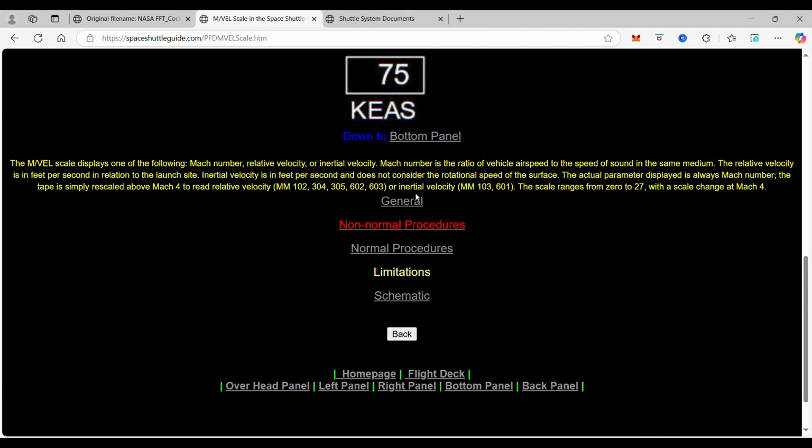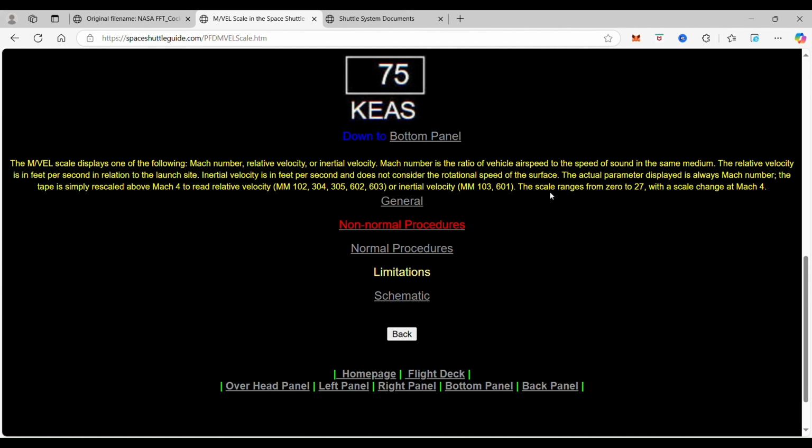Or it reads inertial velocity, major mode 103 and 601. This is when we've gotten out of the atmosphere, and Mach has to do with air. There's no air in space, and that's why we have to use inertial velocity.